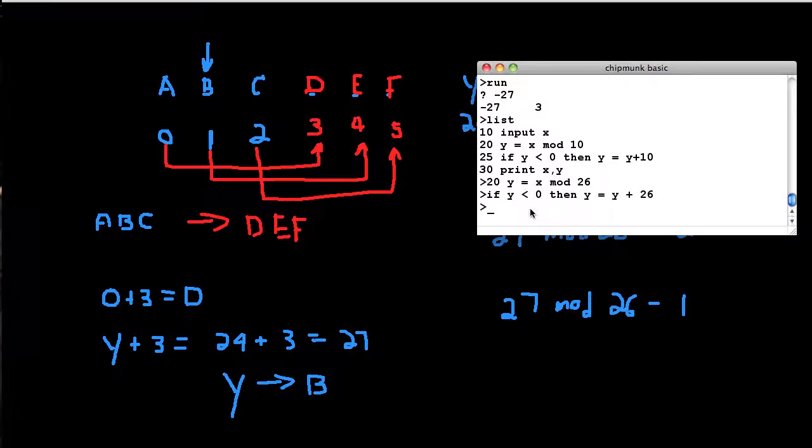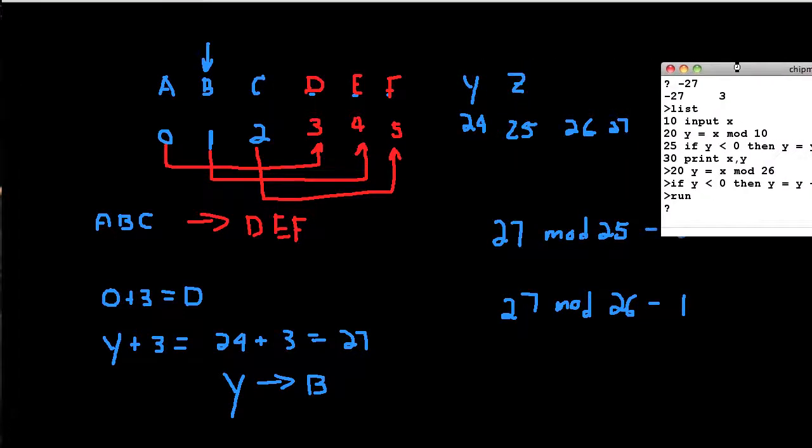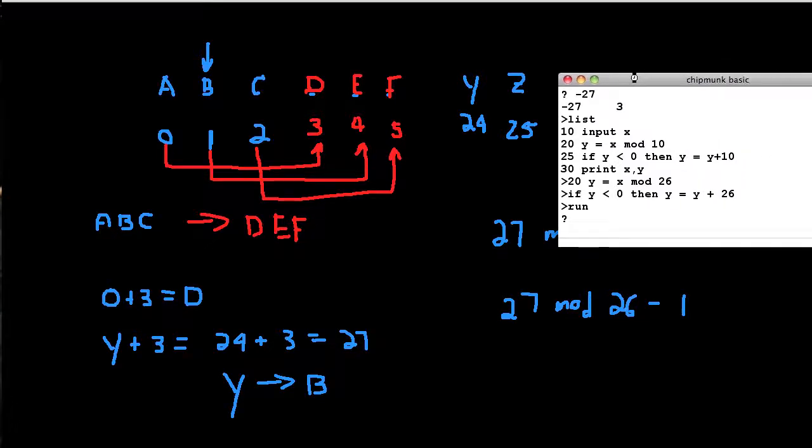And now let's run. Now I said that the letter Y was 24, and it maps using Caesar cipher to B. It maps to the letter 1. So I want to input 24, but I want to add 3 to it to implement Caesar cipher. So I have to write a statement 15 here.